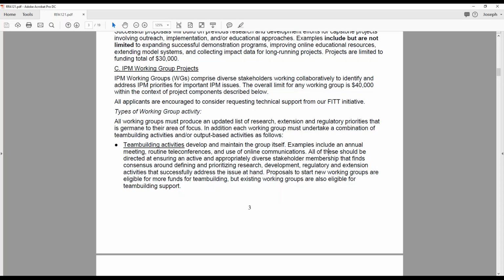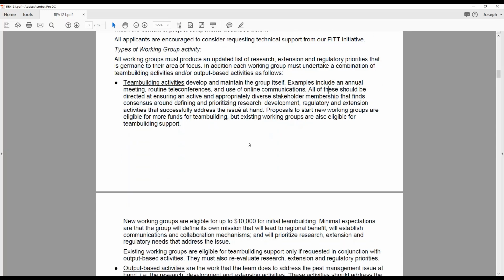So funds are going towards some of that in the future, and keep an eye out for that RFA. So with $180,000 total funds and projects ranging between $10,000, $30,000, and $40,000, you can get a feel for how many projects may be funded through this grant program.